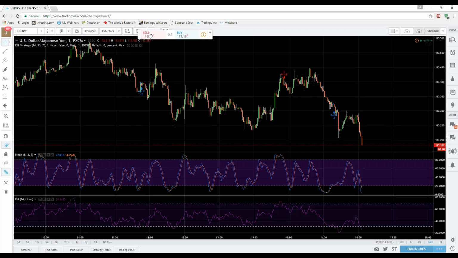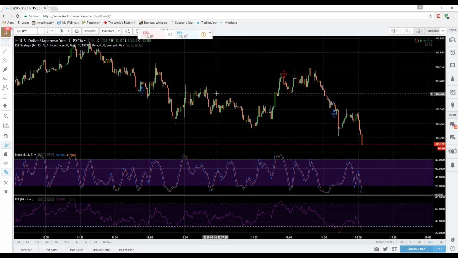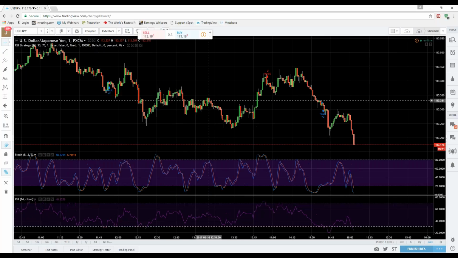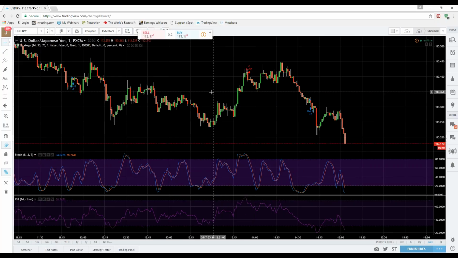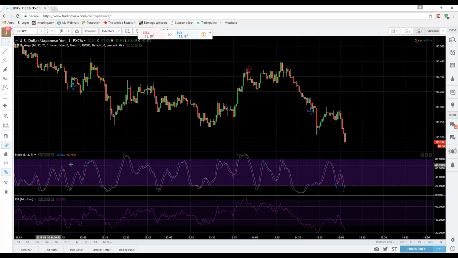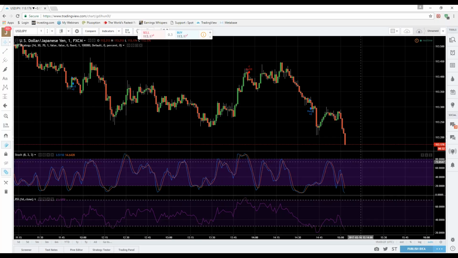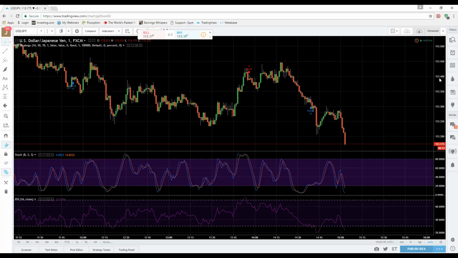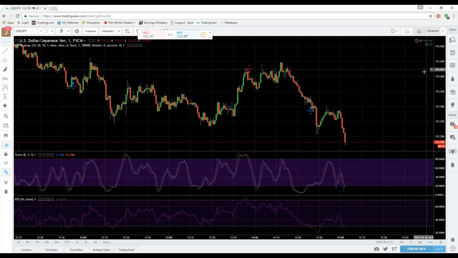This is where we're going to use our Japanese candlestick charts. What we have here is a Japanese candlestick chart, which is a combination of a line chart and a bar chart, and it shows price movement over time. Along the horizontal axis we have time, and along the vertical axis we have price, which is separated by pips.